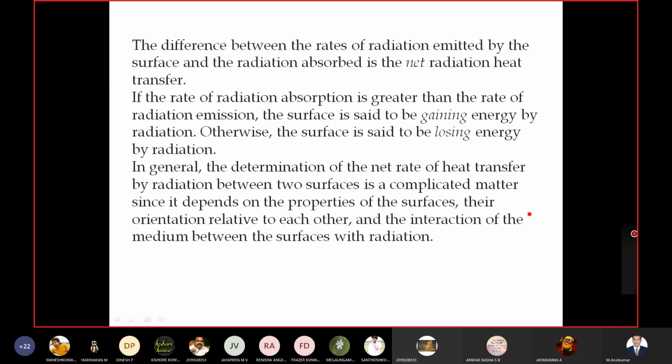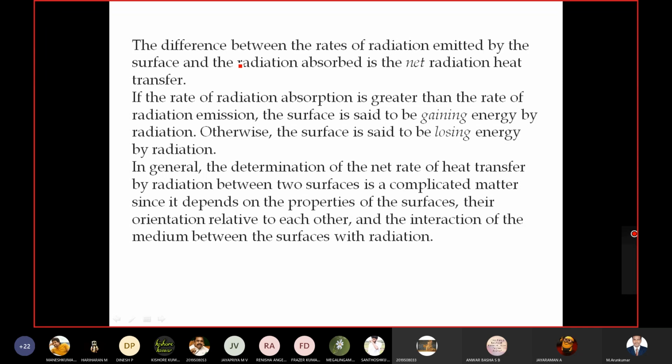Then the difference between the rate of radiation emitted by the surface and the radiation absorbed is the net radiation heat transfer. If the rate of radiation absorbed is greater than the rate of radiation emitted, the surface is said to be gaining energy by radiation. Otherwise, the surface is said to be losing energy by radiation. So there are two possibilities: the surface may gain energy or may lose energy.